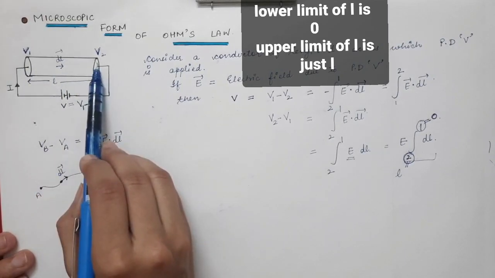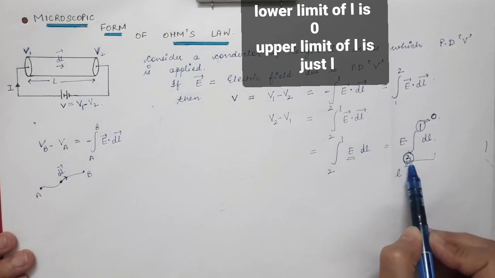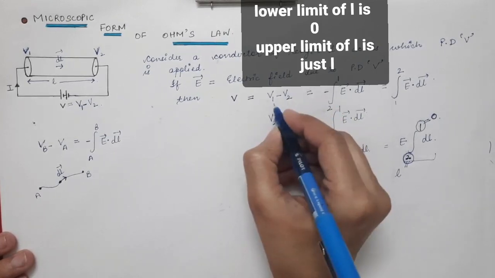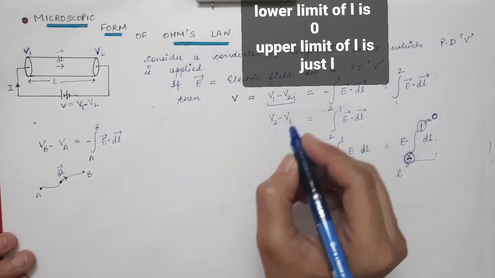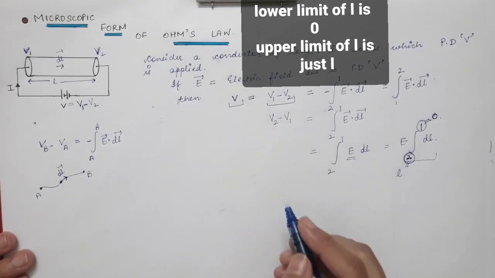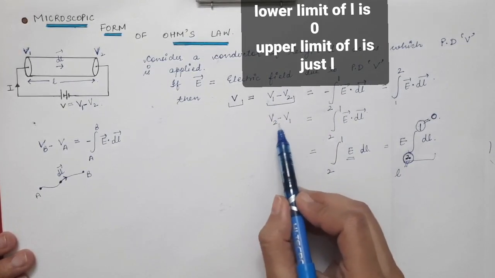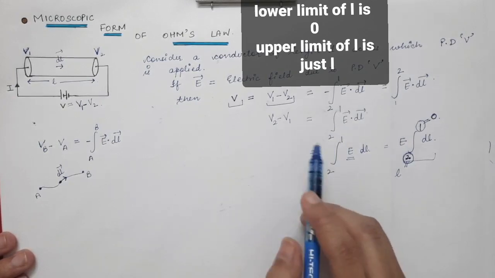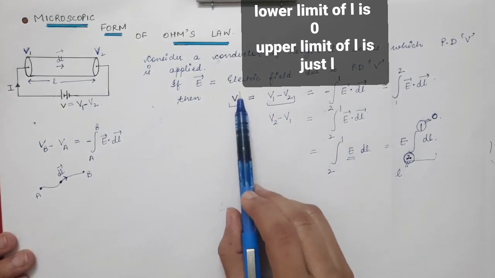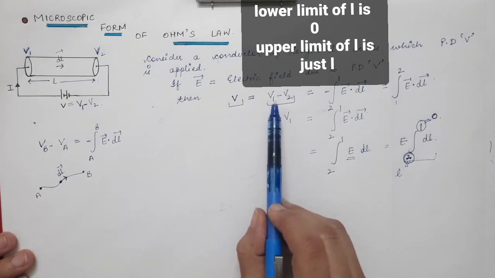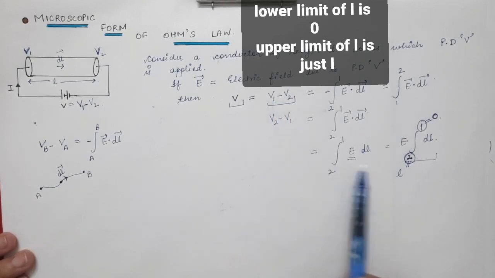So in this case we have the lower limit as the second end, because we are finding V2 minus V1. In actual what we want to find is V1 minus V2, because that is the potential difference. But we are just finding V2 minus V1 for the time being, and then we will inverse the signs to get V1 minus V2 from this expression.